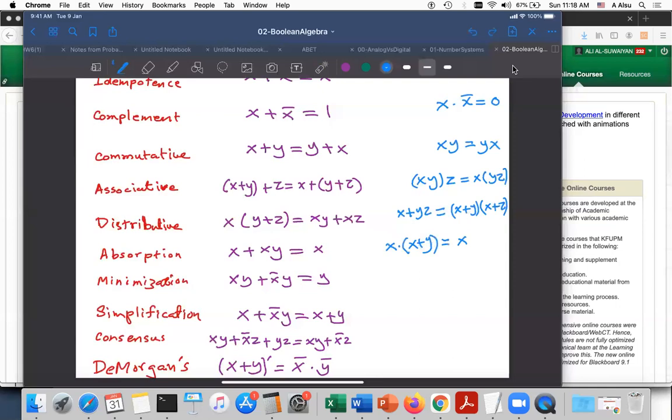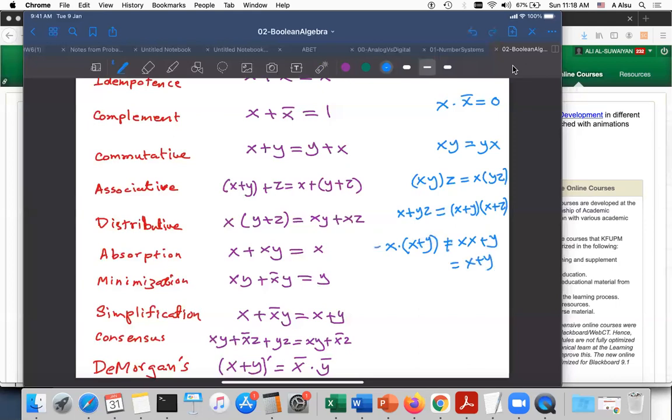Otherwise it's not going to be correct, because this does not equal x ANDed with x ORed with y, which would be x or y.